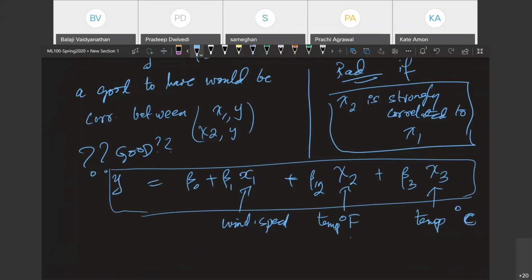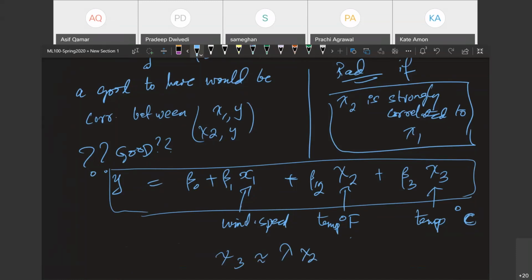Exactly, there is redundancy. What I don't understand is why it's a problem. Because x2 and x3 can combine, and some new beta will come up. Yes, that's exactly what I'll explain. So let us say that x3 is approximately lambda times x2.